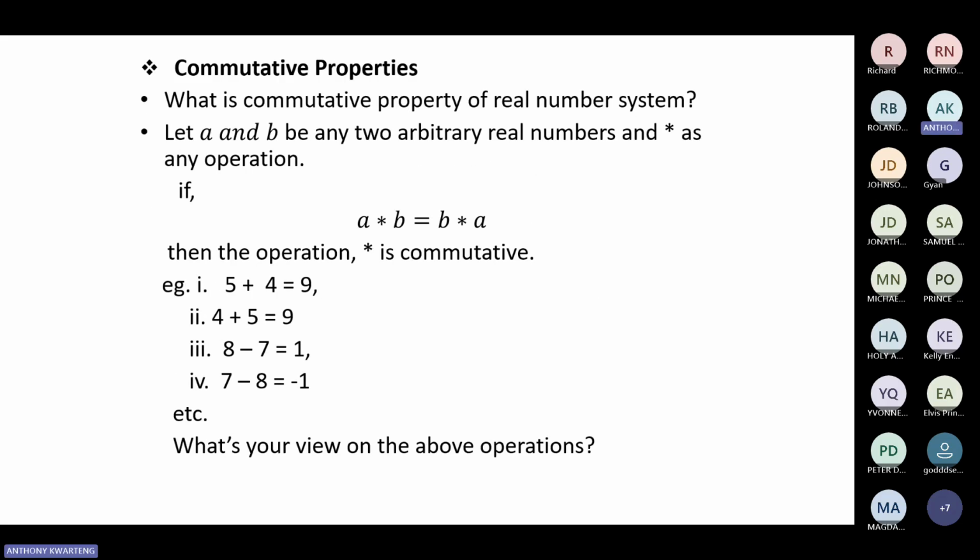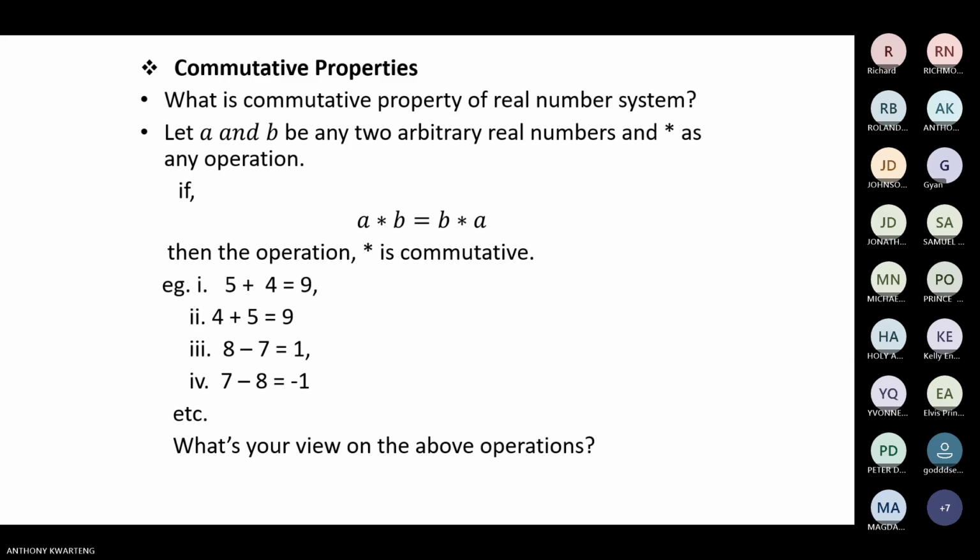Now, the commutative property. If I have a number A, which is a real number, and I am operating that A by B, which is also a real number, whatever I get, if it is the same as interchanging the positions of A and B, so that you have B operation A, and I still get the same answer, then we say that the operation star is what?